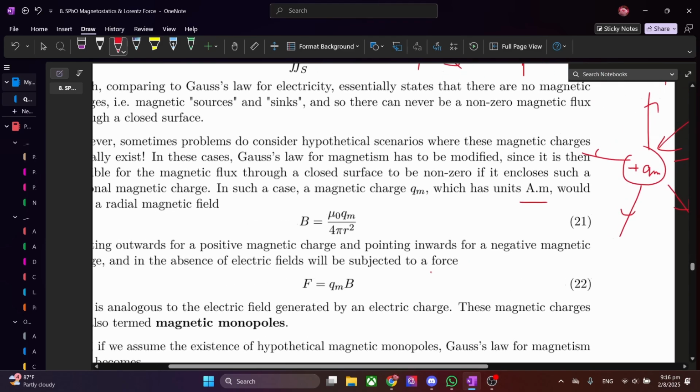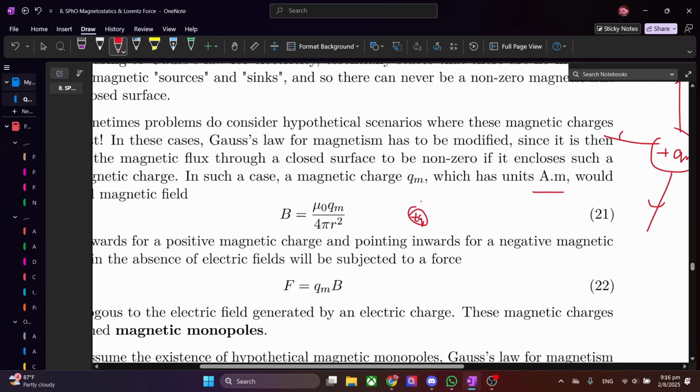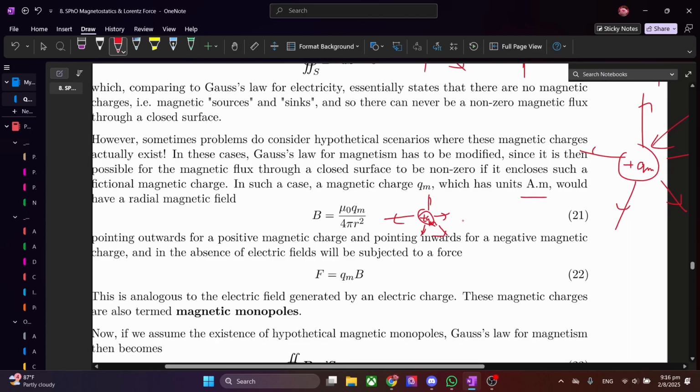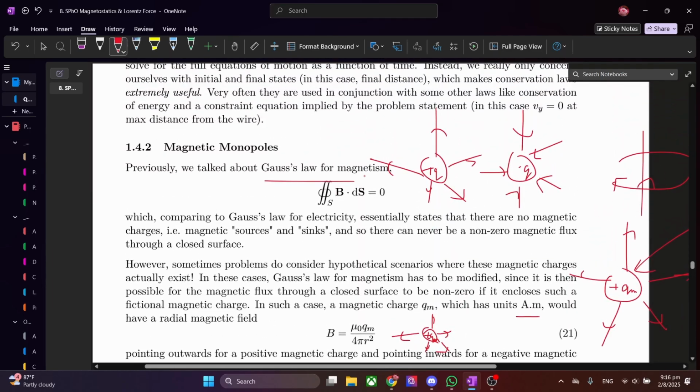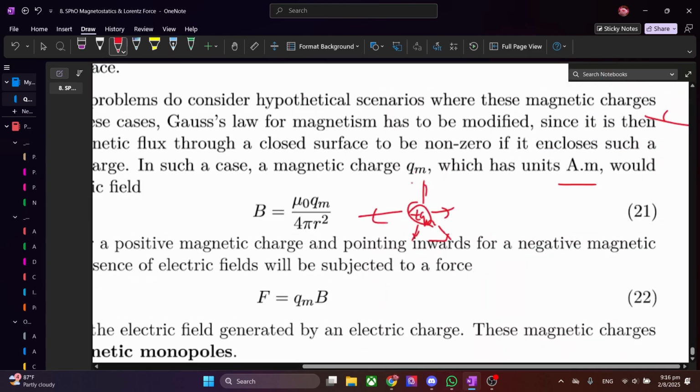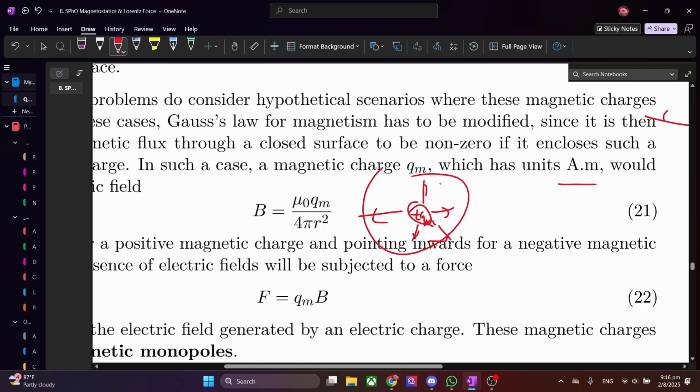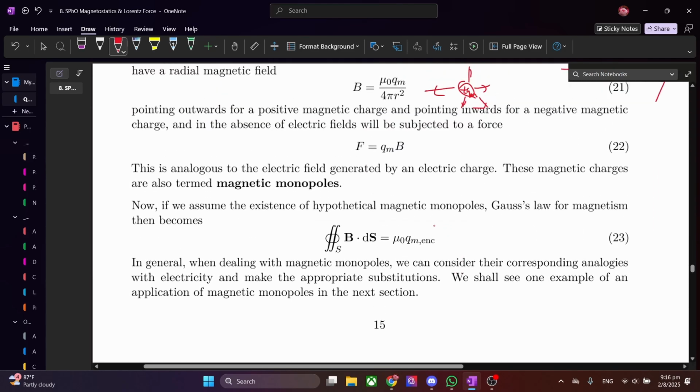This hypothetical magnetic charge would then have a radial magnetic field around it. This would obviously violate Gauss's law of magnetism, which says it's zero, because clearly, if you surround it with a sphere, it's going to have some non-zero magnetic flux. That's why we need to modify it.